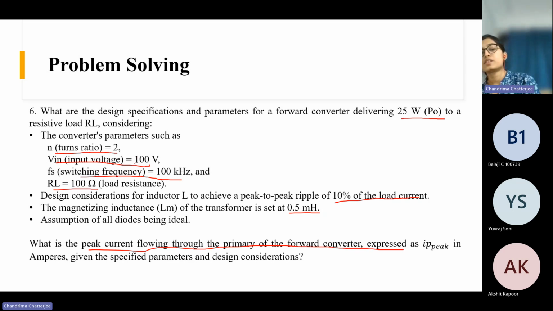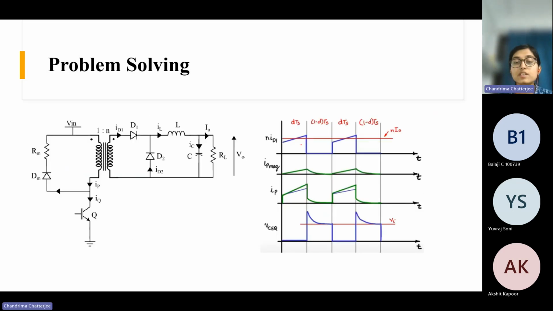So all the specifications are given, and you need to find out the peak current through the primary winding of the forward converter. When we were discussing the forward converter, I showed you the waveforms. The current that flows through the primary winding consists of two components.